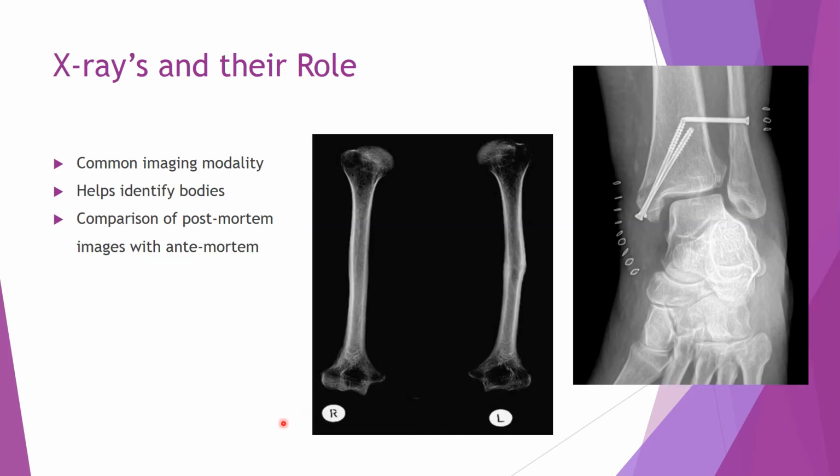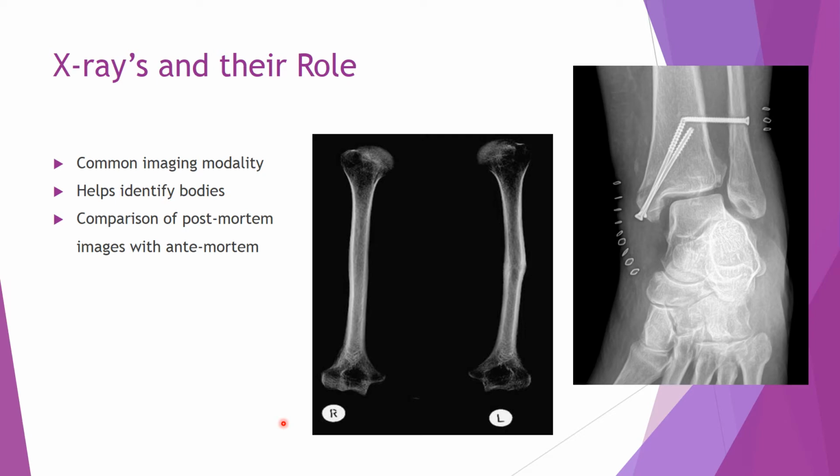So X-rays and their role. X-ray is one of the most common imaging modalities for forensic medicine. They can help identify bodies in multiple ways. For example, looking at pathology, like if a certain disease or a certain injury was recorded in a person's medical record before they were deceased.